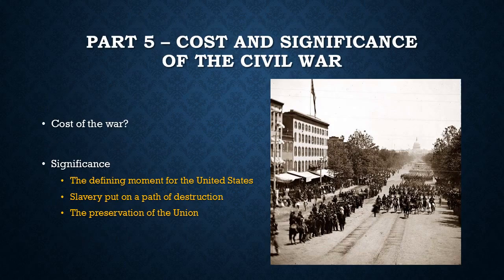But what was significant about the American Civil War? Well, there's lots of things about this war that are significant, but let me briefly describe three of the most important significances of the American Civil War. The first is that it is the defining moment in American history. It is the defining moment for the United States.